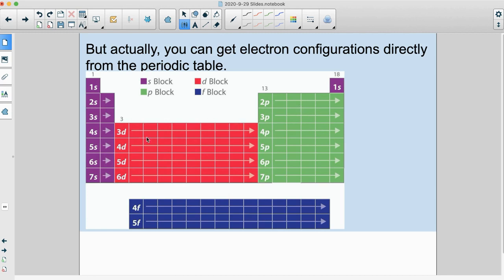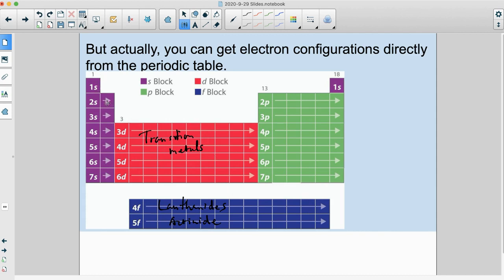Here, the transition metals, also called the transition elements, their configurations will end in a d subshell. Here we have the lanthanides and the actinides, the rare earths. Their electron configurations will end in the f subshells.